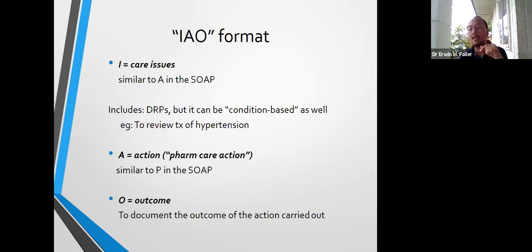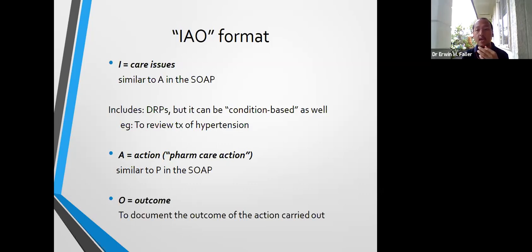The IAO means to identify certain care issues, which are similar to SOAP and include drug-related problems, the condition-based, as well as the particular review of the medical doctors, particularly on the treatment of a certain disease, like for example, hypertension.